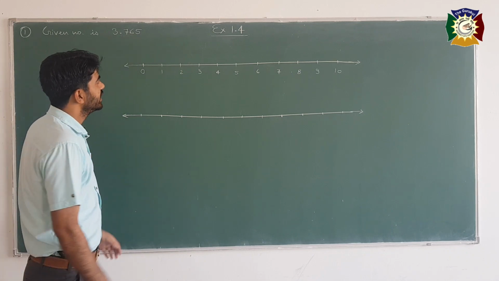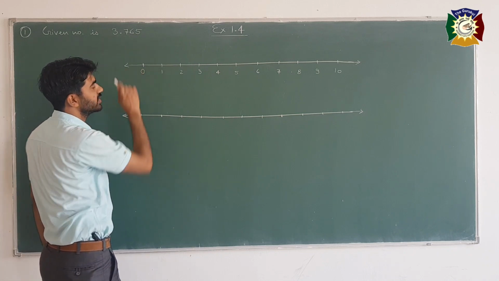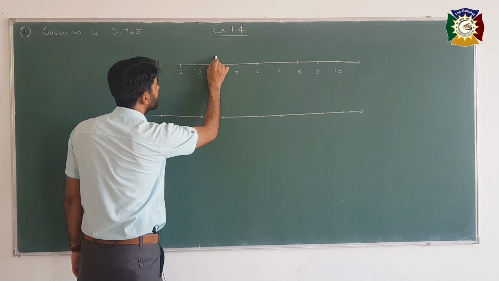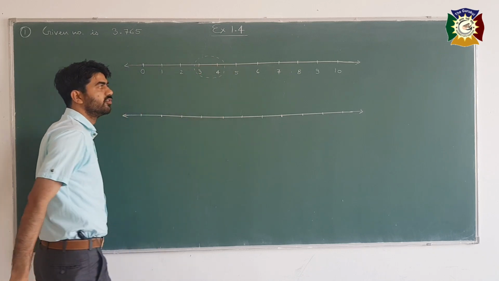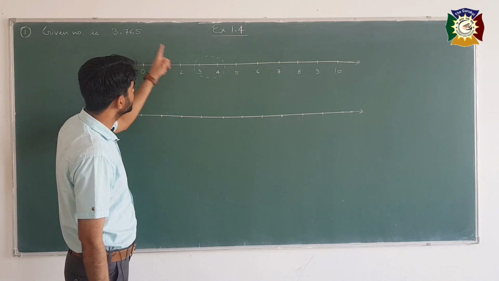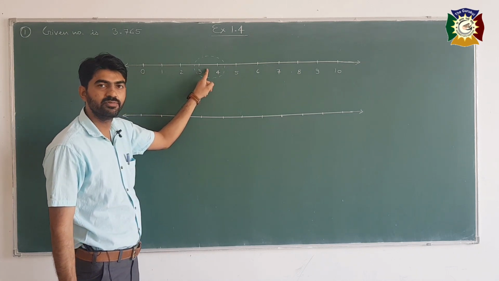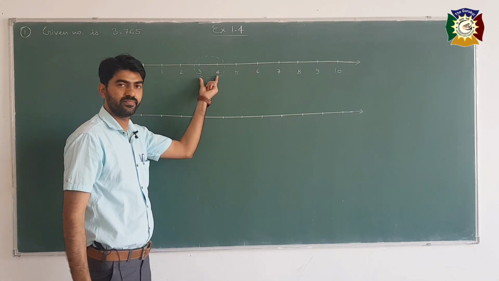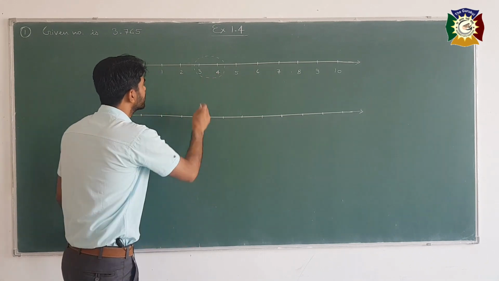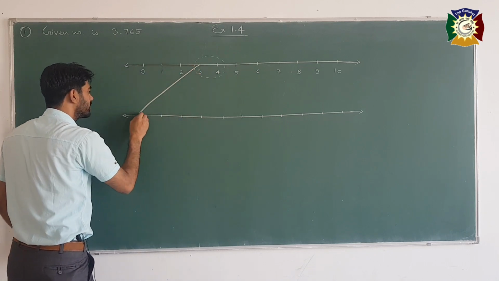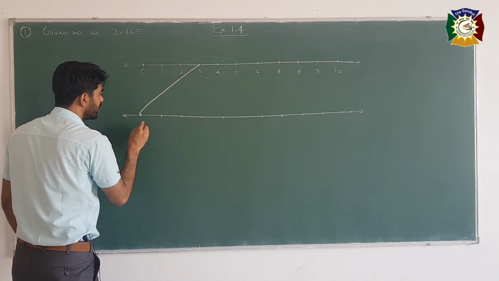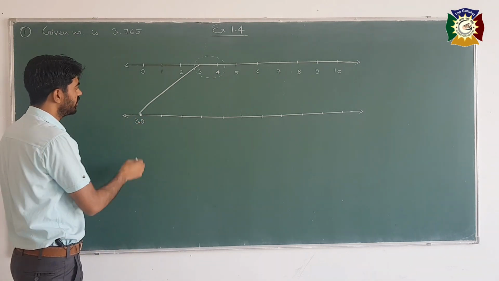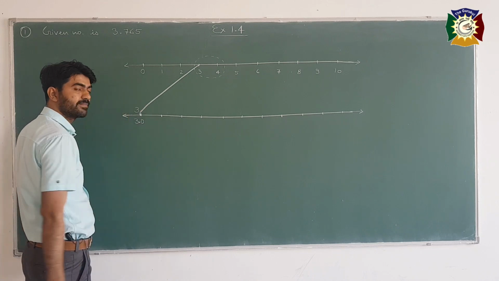Now, this given number 3.765 is greater than 3 and less than 4. It lies somewhere between 3 and 4. So, we have to magnify this gap of 3 and 4. How can we magnify? Suppose this 3 is here. I am taking this dot as 3.0, which is nothing but 3.